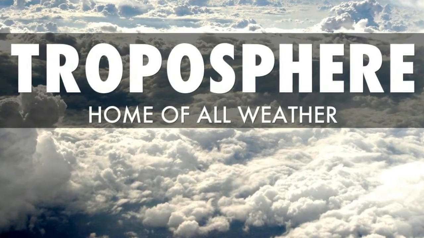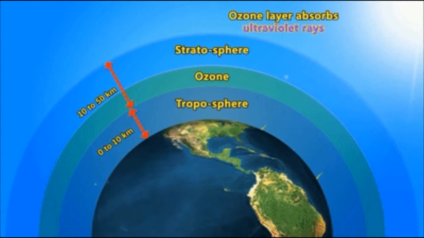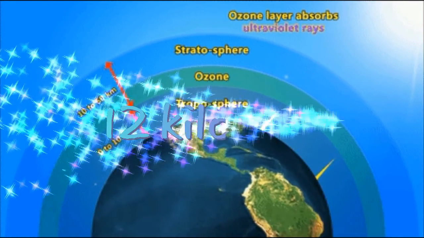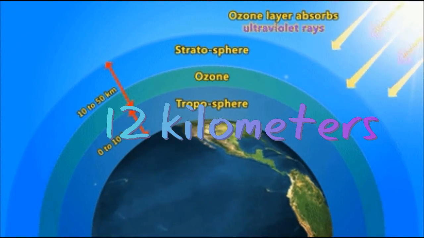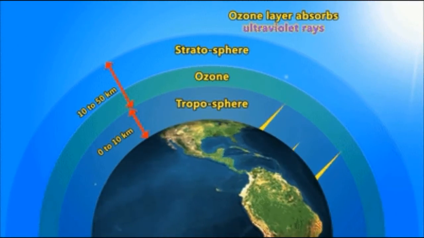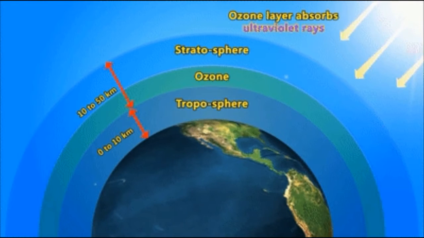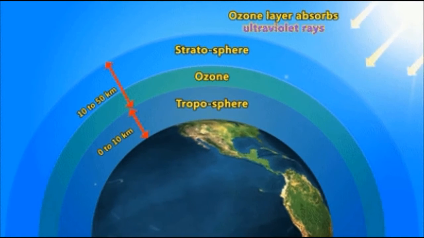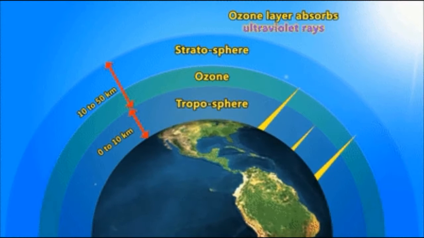Troposphere. Earth's troposphere extends from Earth's surface to an average of about 12 kilometers, 7.5 miles in height, with its height lower at Earth's poles and higher at the equator.